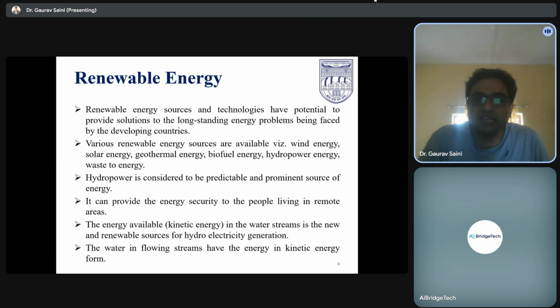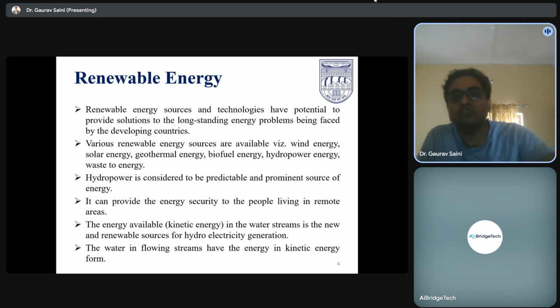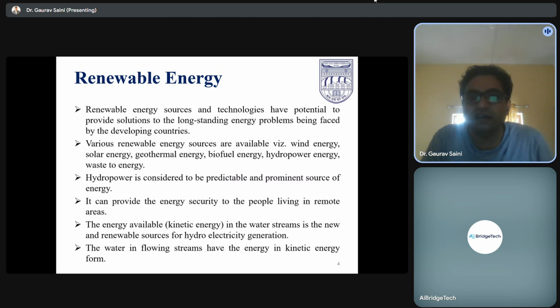But of all the energy sources, hydropower is considered the most predictable and prominent source of renewable energy, because it can contribute significantly to the system, and it can also help people living in remote areas gain access to energy security. And if we think about hydrokinetic energy, that may be available in water streams, which can also be utilized for power generation.